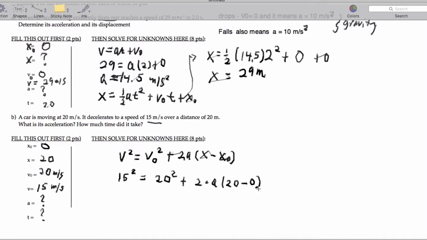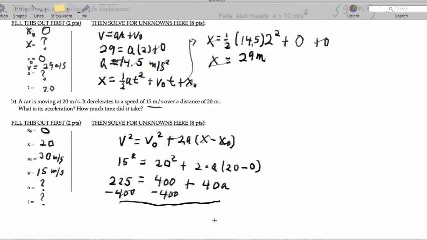So 15 times 15, yep, 225 equals 400. Now, when I multiply all the stuff in the parentheses, this is going to end up being 40 times a. I'll take away 400 from each side.